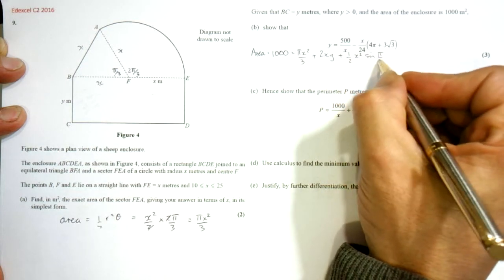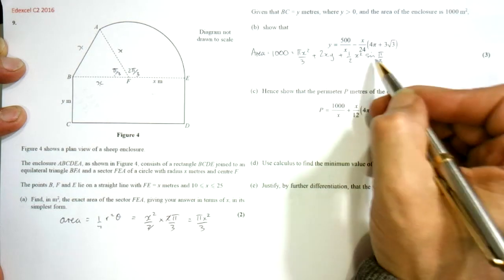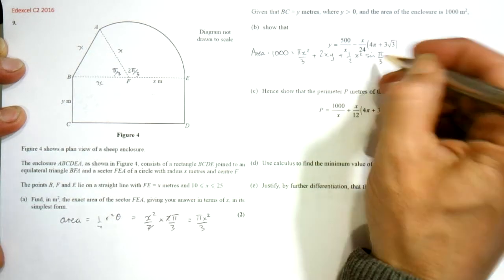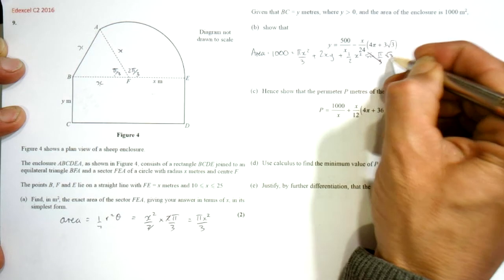But sine of 60 is root 3 over 2, so we can get rid of that.